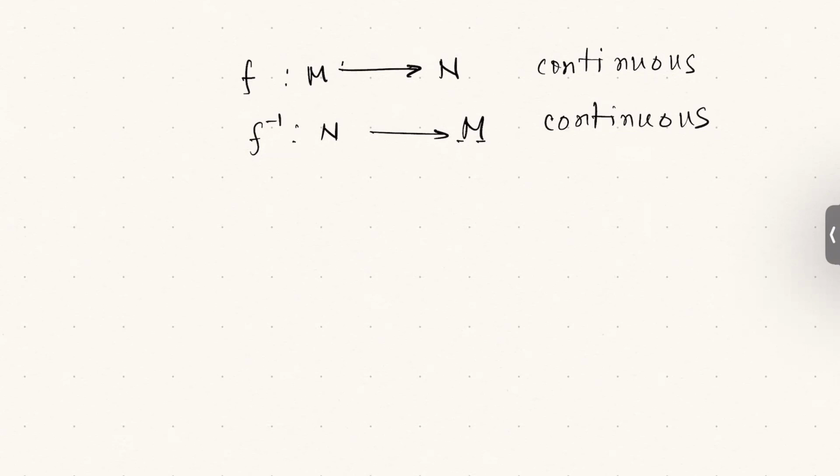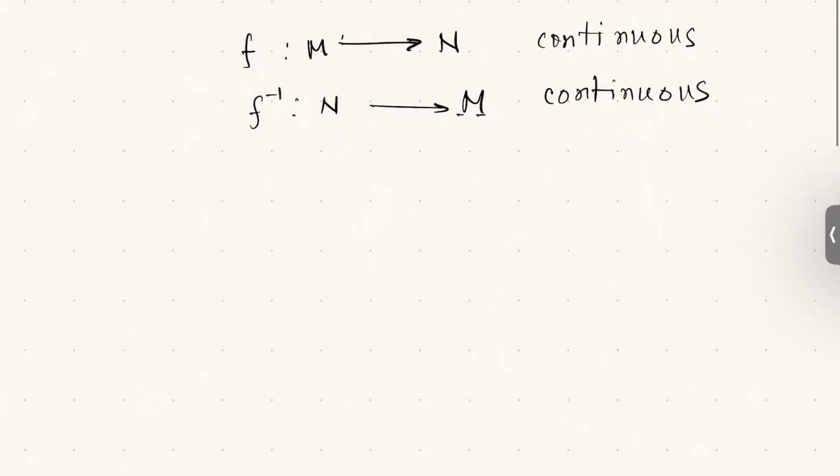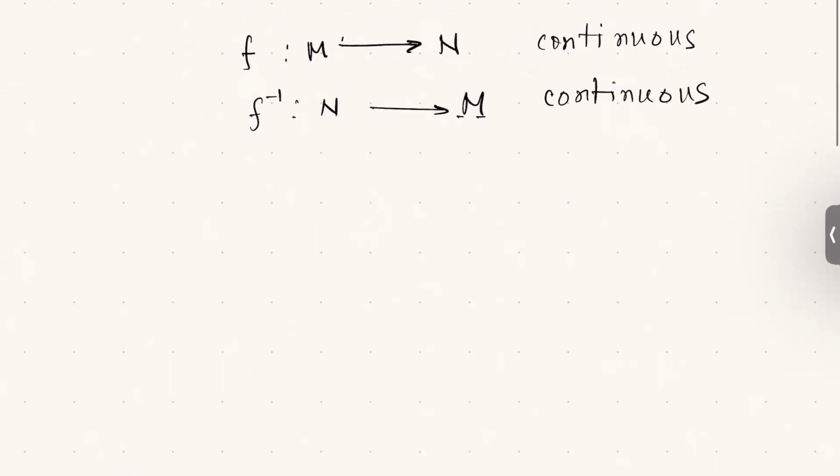So this special type of topological spaces we are going to define as the manifold. To do this, let us start with the definition.